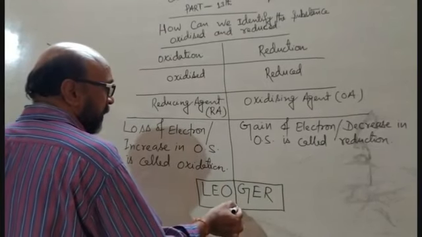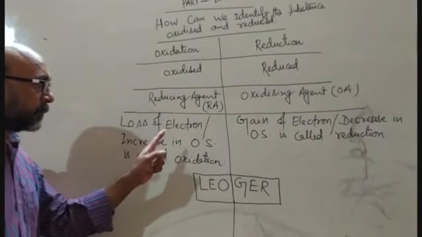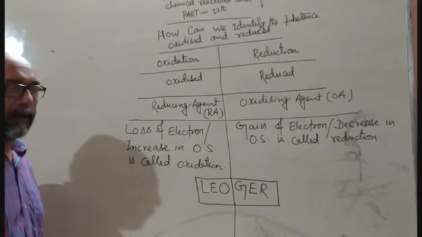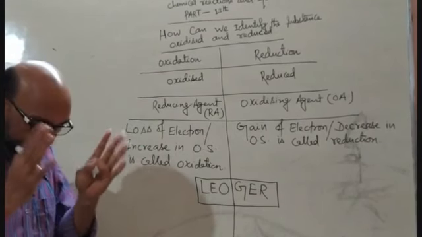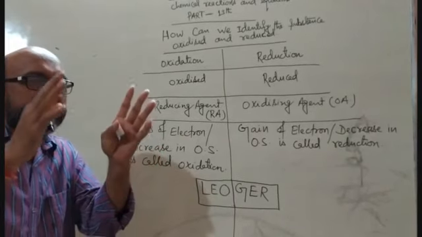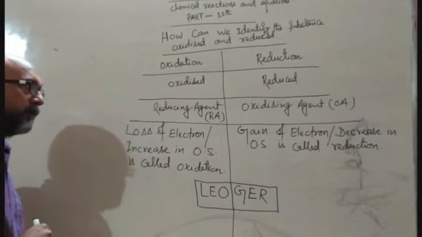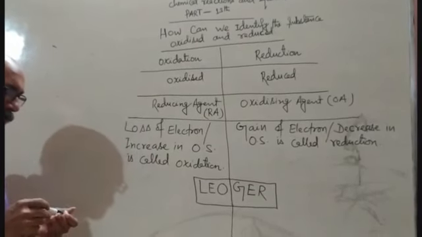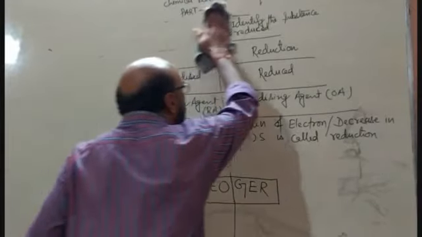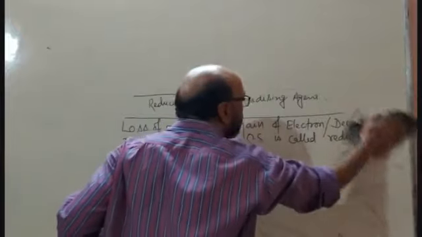And as I have taught you, oxidation and reduction are the two processes, the two parts of a chemical reaction. Now, understand the process of oxidation and reduction with the help of examples.